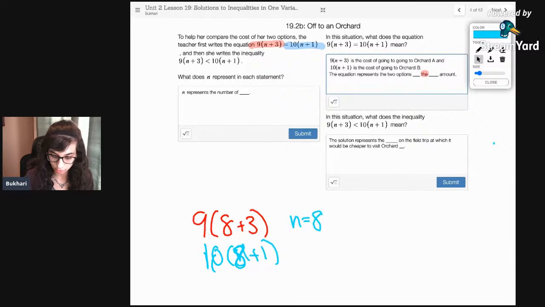The equation here represents the two options, Orchard A and B, costing the same amount of dollars. That is the key word. When they're equal, they cost the same amount.